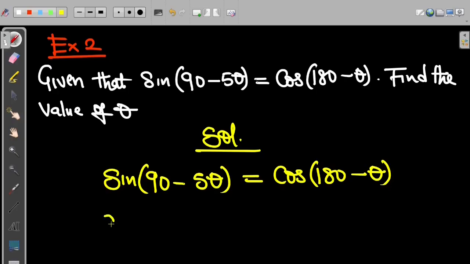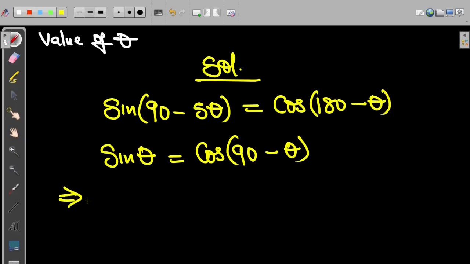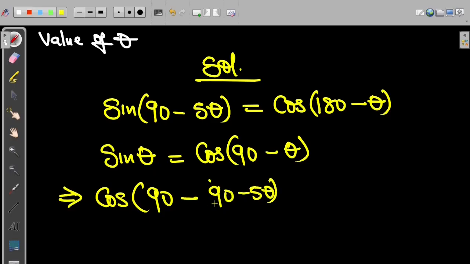So recall that sine theta is equal to cos 90 minus theta. So therefore this becomes cos, open bracket, 90 minus 5 theta, equal to cos 180 minus theta.